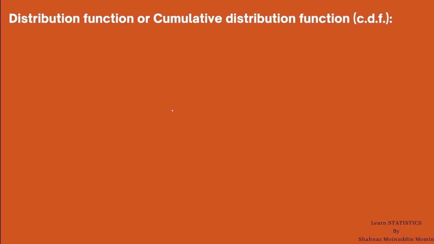Therefore, the c.d.f of continuous uniform distribution is 1 upon b minus a, put upper limit minus lower limit.